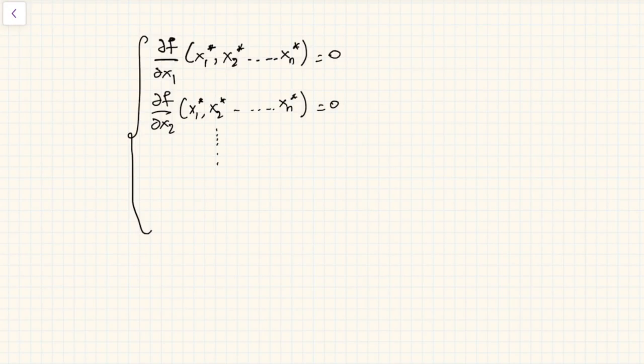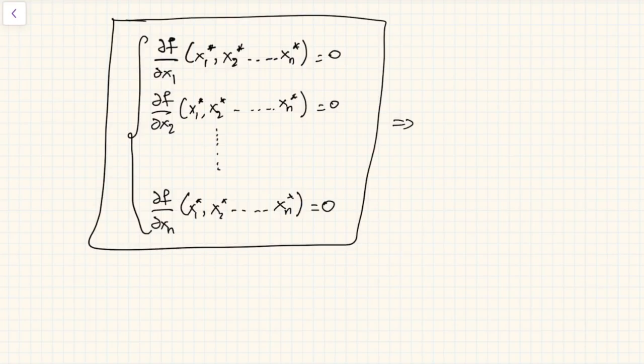All the way down to del f by del xn at x1 star, x2 star, down to xn star. So this writing is the same as this: del f by del x at x star is 0.